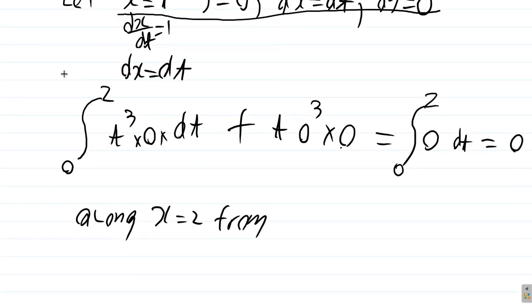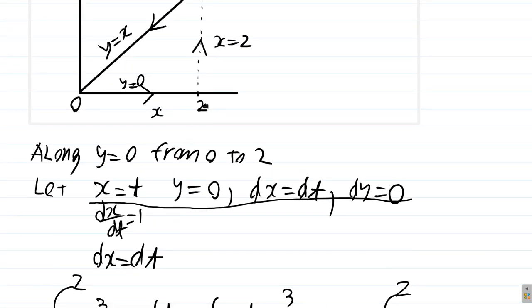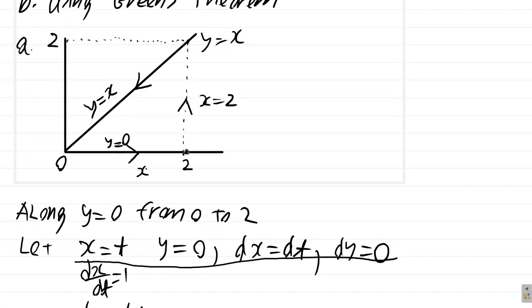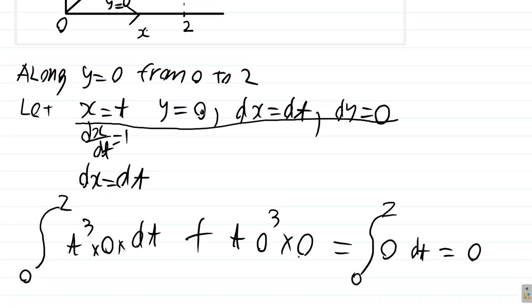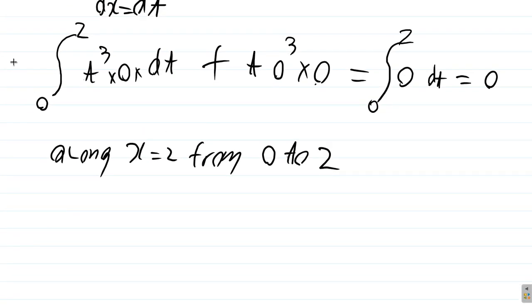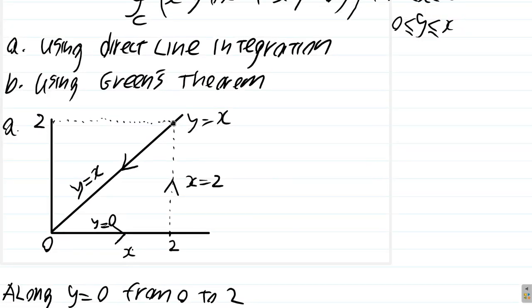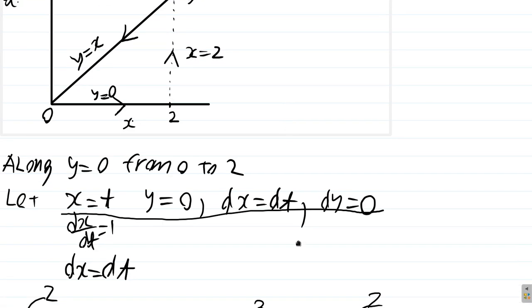Now going along this path, x is equal to 2. You can't say x is t because x is already fixed. So in this case, let y be equal to t. You see, t changes, y changes.